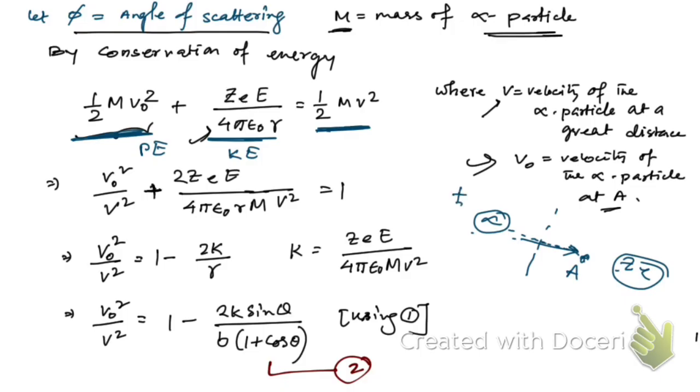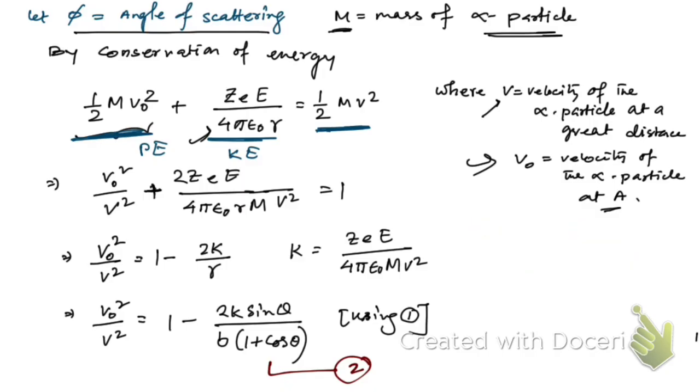Total energy was half mv squared, right? When it reaches point A, it has kinetic energy half m v naught squared plus potential energy. Hope you have understood this.